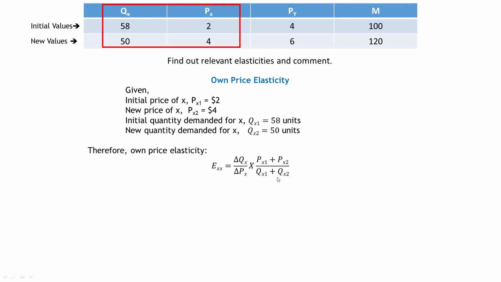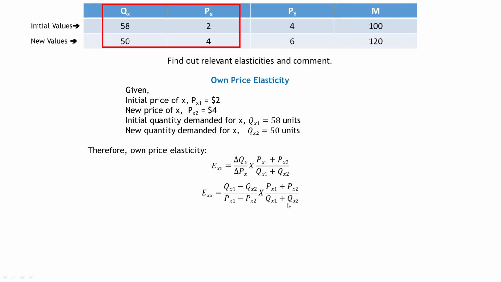Therefore, Exx equals change in Qx means Qx1 minus Qx2, that is the difference between initial quantity demanded for X and new quantity demanded for X, divided by change in price X equals Px1 minus Px2, that is the difference between initial price of X and new price of X, multiplied by sum of prices divided by sum of quantities.